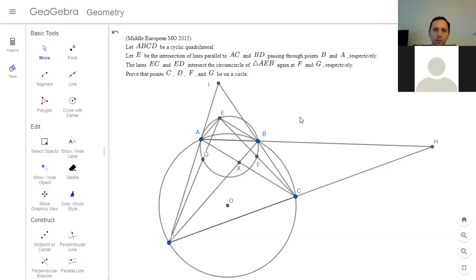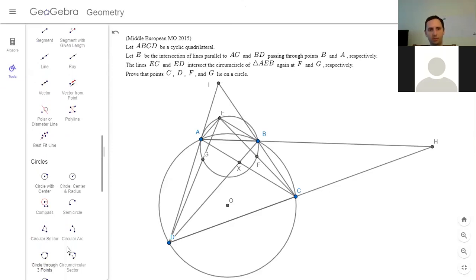Let's see. Are E and X orthogonal conjugates? No, I don't think they are. Let me draw that circle. We haven't proven it exists yet, but it did exist.